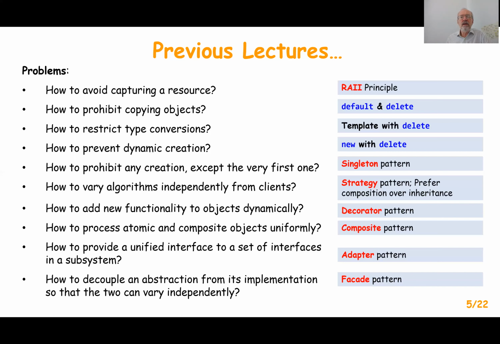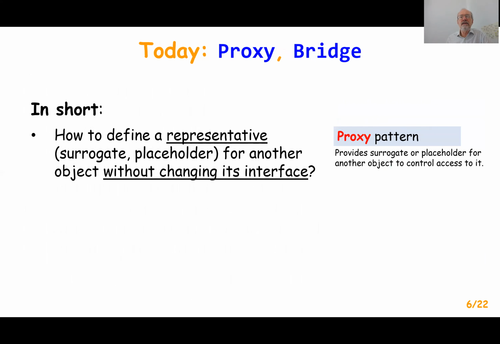And now we will go to the topic of our current talk. We will consider two very interesting, relatively simple, and very popular design patterns. They are called proxy and bridge. In short, this slide contains a short description of those patterns.